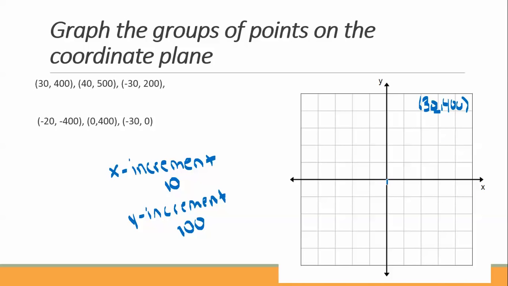And then we have (40, 500), so 10, 20, 30, 40, and then we count up 100, 200, 300, 400, 500. So this is (40, 500).